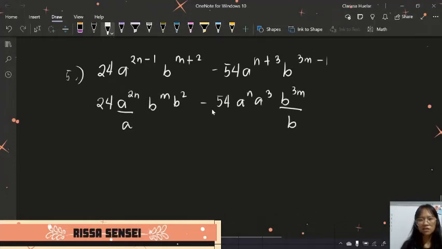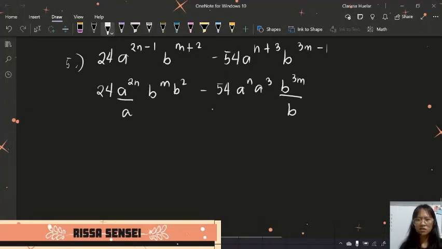Okay. Ngayon, tingnan natin yung common sa kanila. Sa 24 and 54, anong common sa kanila? They are both even numbers, so pwede tayo factor out ng 2. Pero ano pang mas mataas na pwede natin factor out? Diba 6?